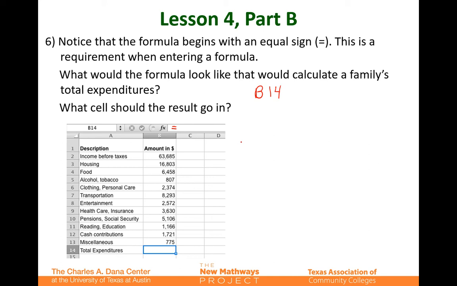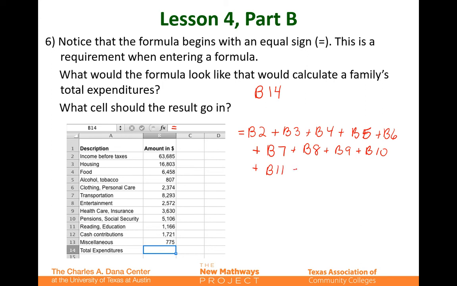And the formula would look like equals B2 plus B3 plus B4 plus B5 plus B6, and we would just keep right on going, plus B7 plus B8 plus B9 plus B10 plus B11 plus B12 plus B13.